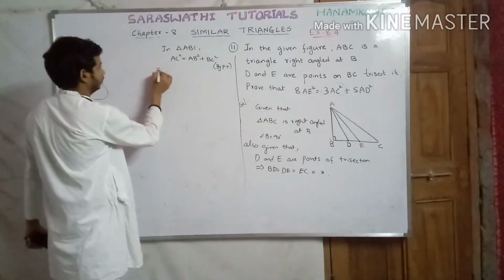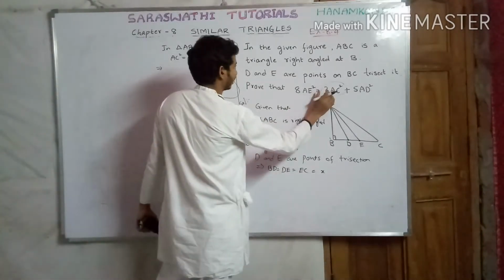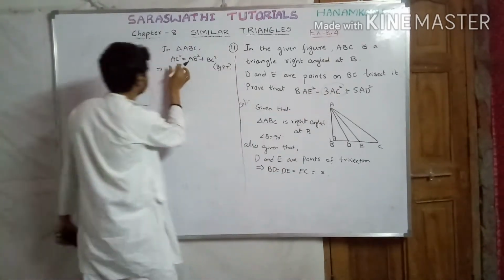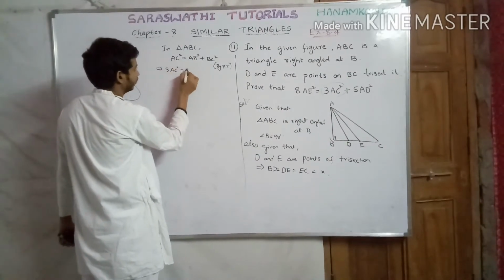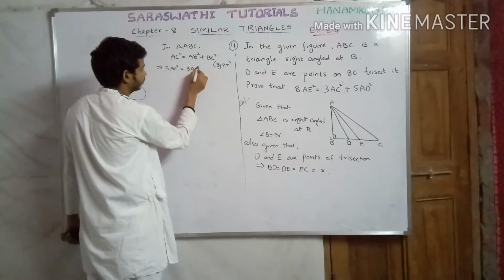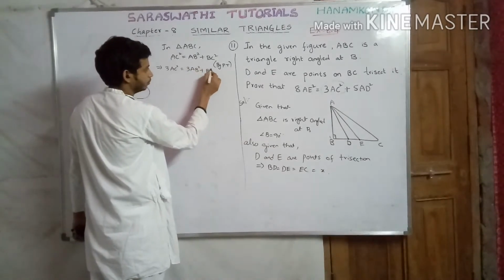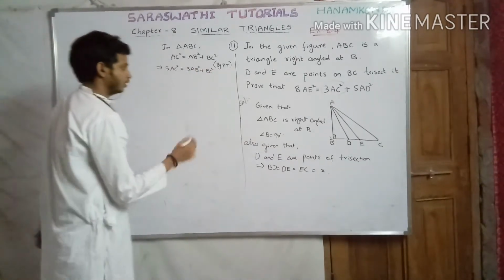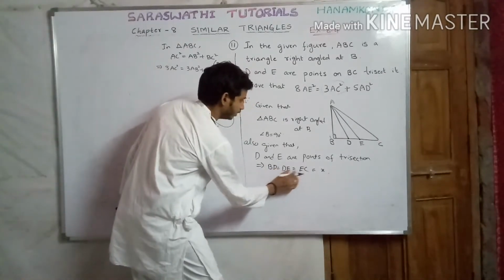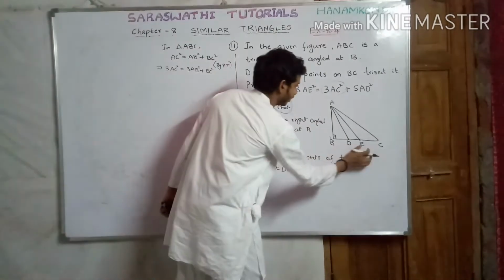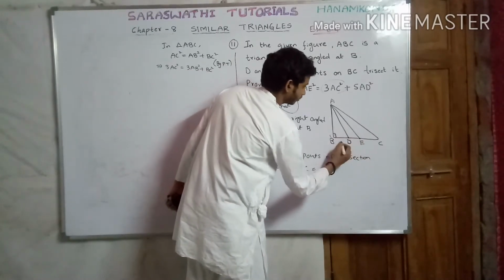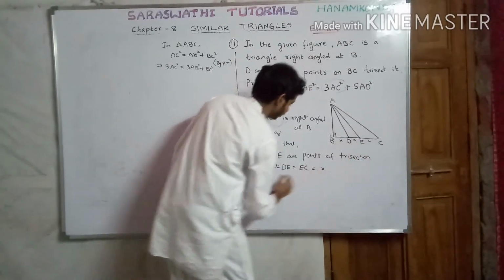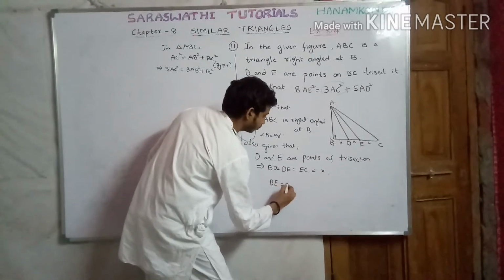Now in the RHS we have 3AC square, that means multiply both sides with 3. It implies 3AC square equal to 3AB square plus 3BC square. Here BD equal to DE equal to EC equal to X, that means BE equal to X plus X, so BE value we get 2X.